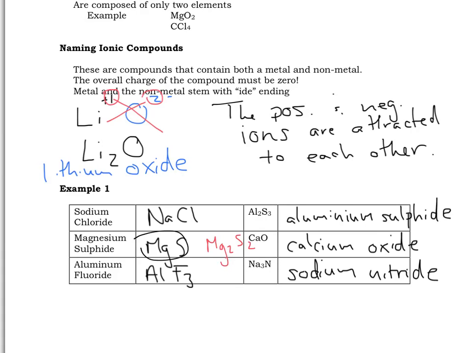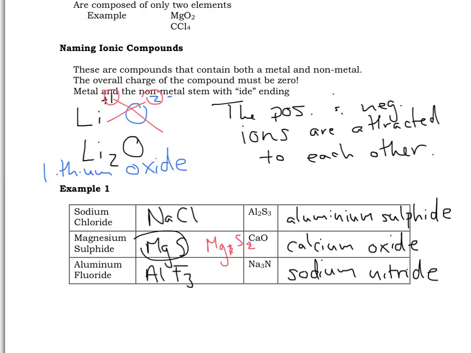So these 2's basically cancel one another out. Or the +2 charge, you only need one +2 charge to combine with a -2 charge to get a compound with a 0 charge. Aluminum fluoride, AlF3, aluminum sulfide, calcium oxide, sodium nitride.